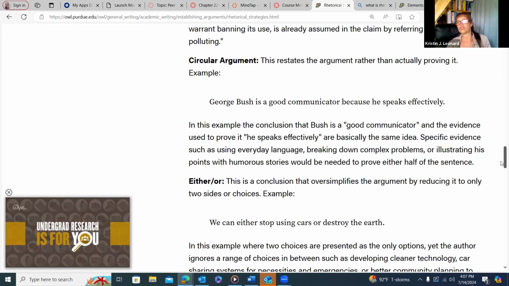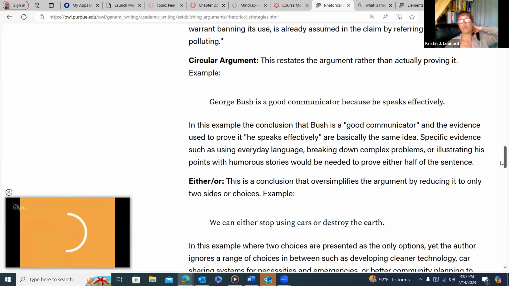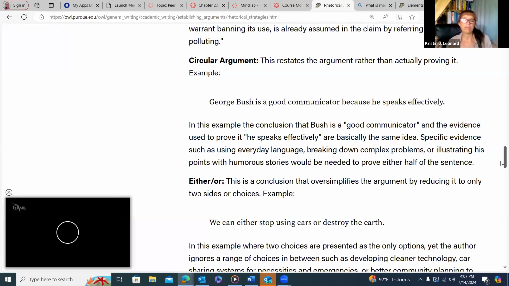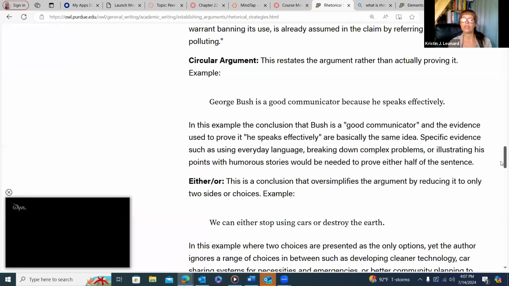Specific evidence, such as using everyday language, breaking down complex problems, or illustrating his point with an example or a humorous story, would be needed if you want to prove the other half. So you can't just say George Bush is a good communicator because he speaks effectively. You have to say he is a good communicator because he makes a joke at the beginning of every speech and puts people at ease, if indeed he does that, or whatever other evidence you want to include.